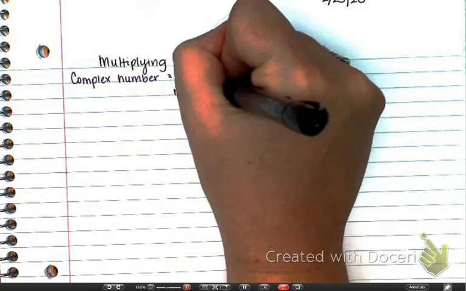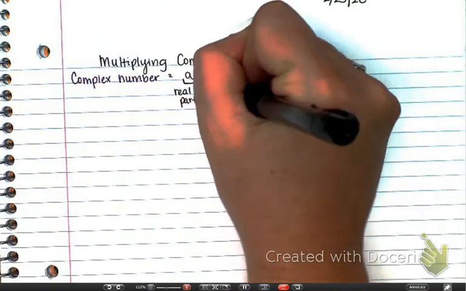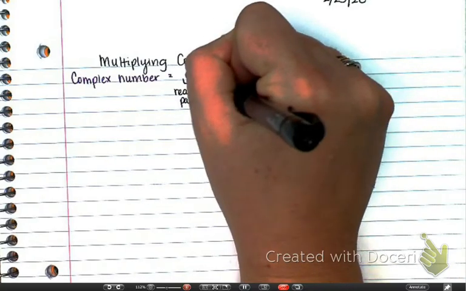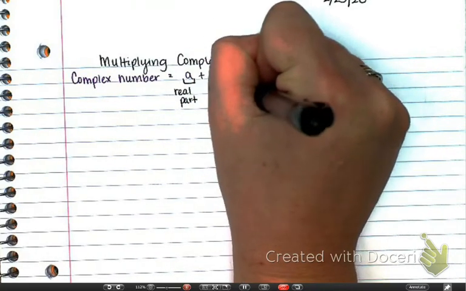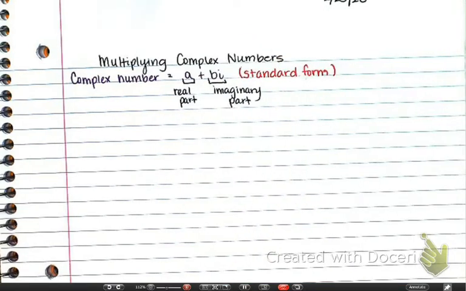The BI, right? I is the imaginary. So the part with the I is the imaginary part. So you have a complex number, A plus BI. It's in standard form. You have a real part and you have an imaginary part.